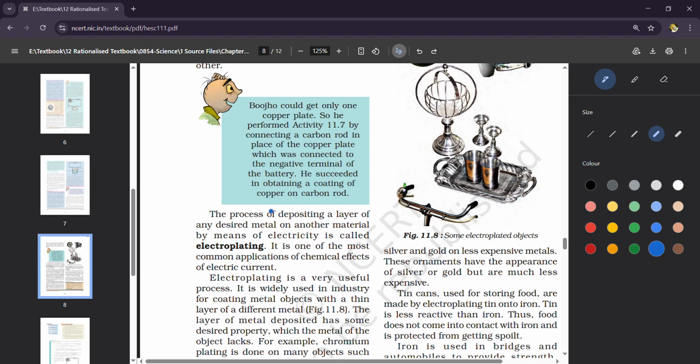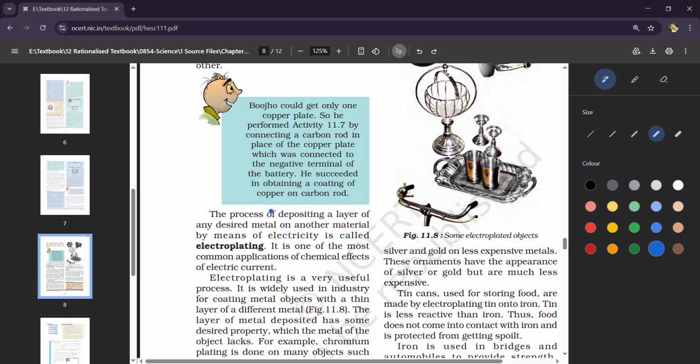Now chromium is an important part here. Chromium is a shiny material. It doesn't corrode, it resists scratches, and it doesn't get rusted. However, chromium is very expensive.